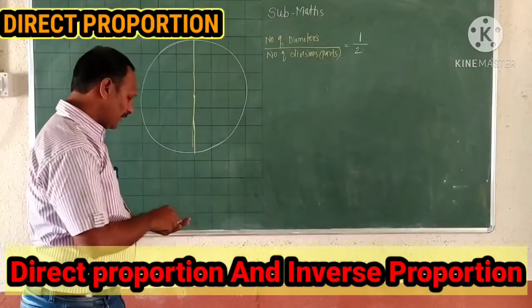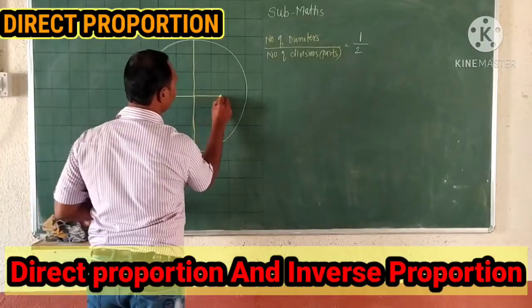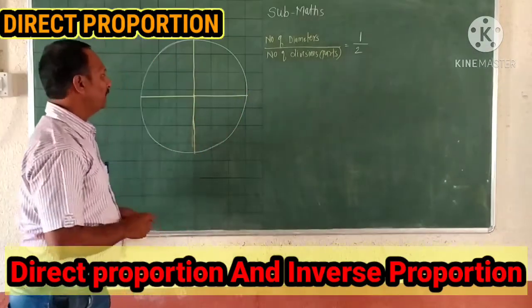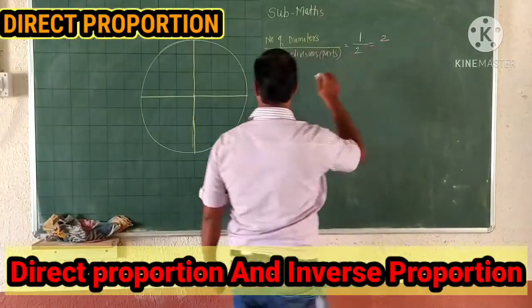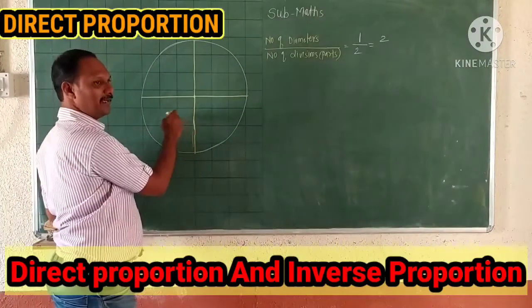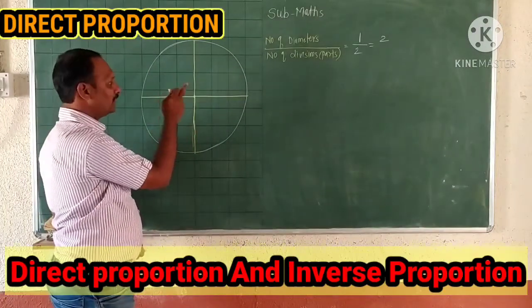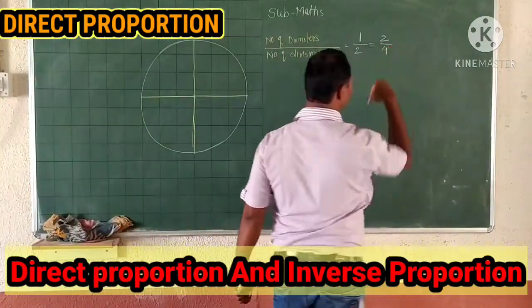Now you draw a second diameter. Here the diameters are two. This two diameters make how many parts? First, second, third, and fourth. Four parts. So two diameters make four divisions.